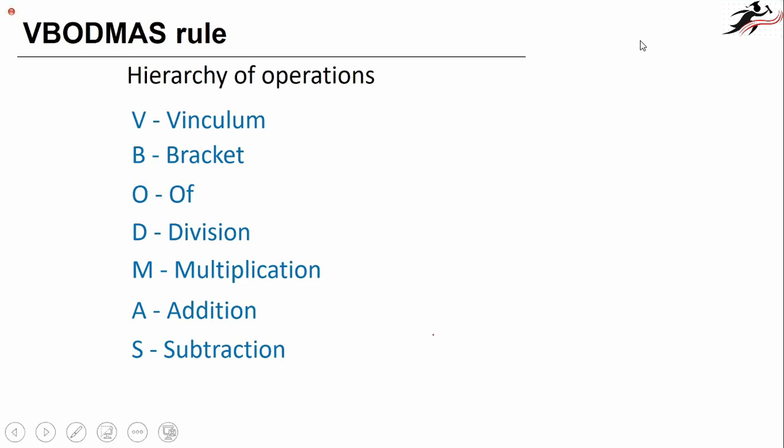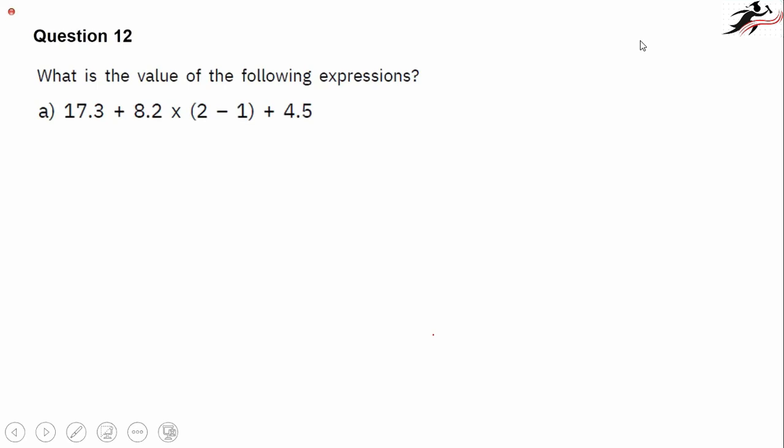Example. Say, achha, the bar is not there. Theek hai, chalo dekhte hain phir bhi. 17.3 plus 8.2 into bracket 2 minus 1 plus 4.5. So what should I do first? What stands in line first? Bracket is the first thing.